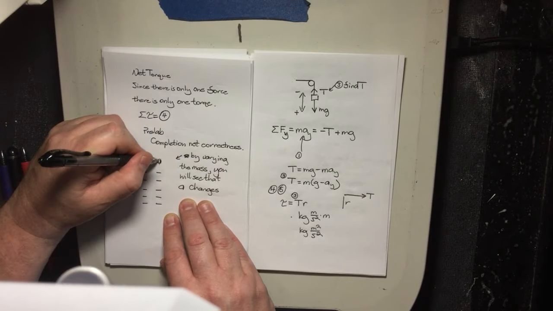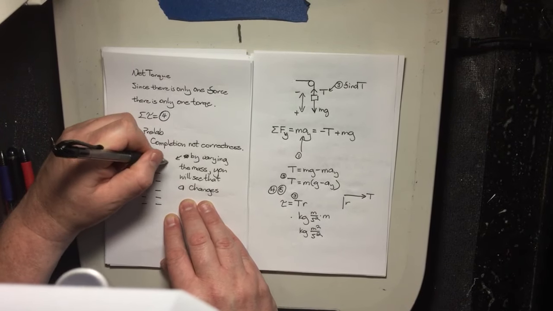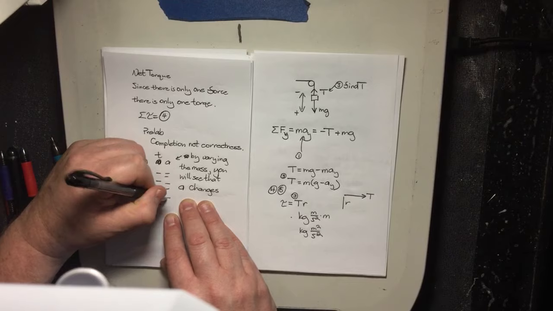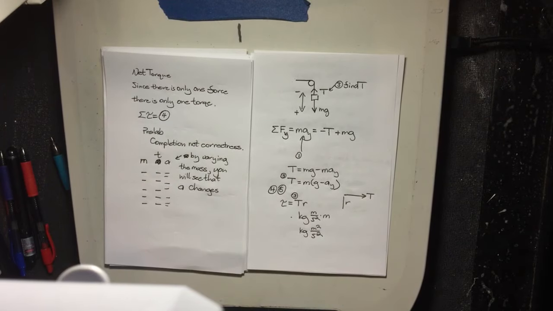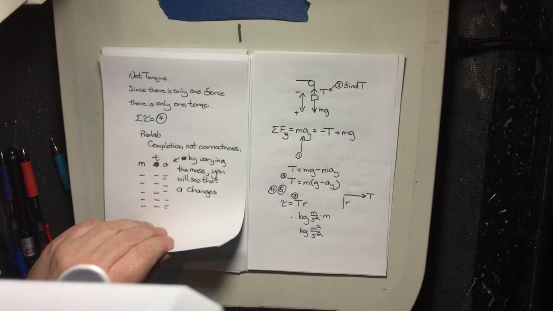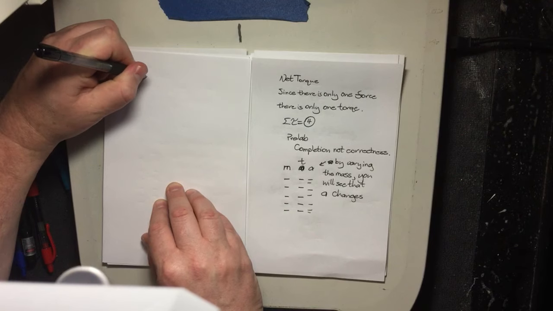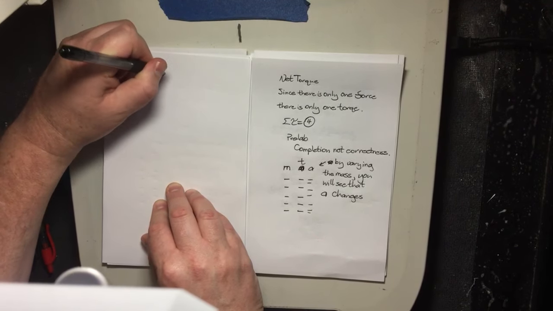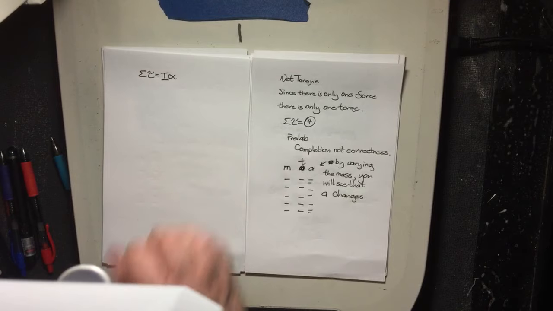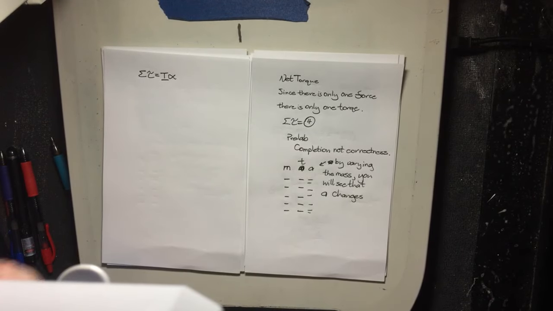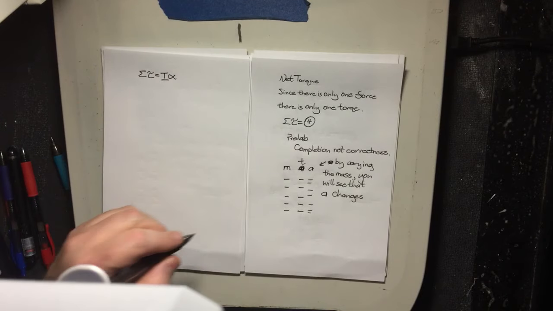Now, really what's going to happen is you're going to have a mass, you're going to have a time, you're going to have an A. And what's the one thing that we know about moment of inertia with what equations that we use? The sum of the torques is equal to I alpha. So in this list of information, let me redraw this.